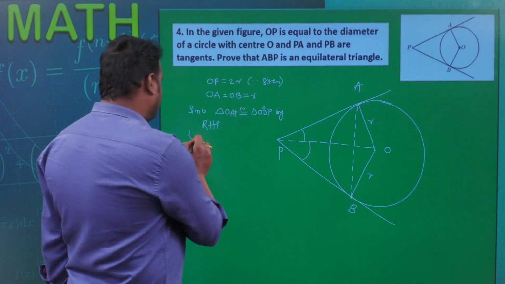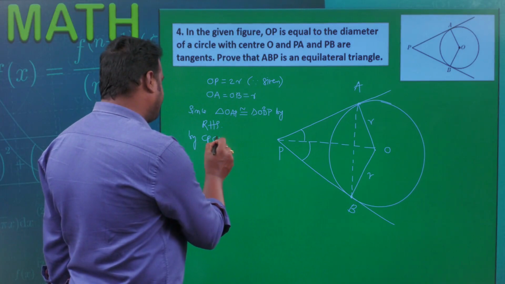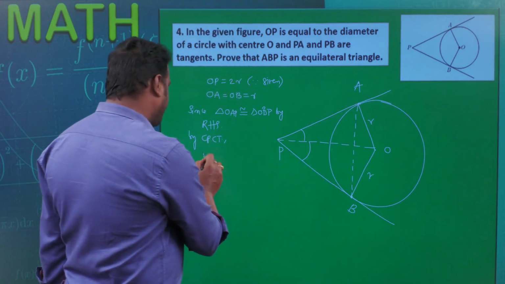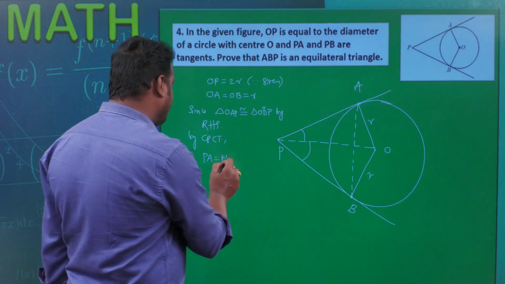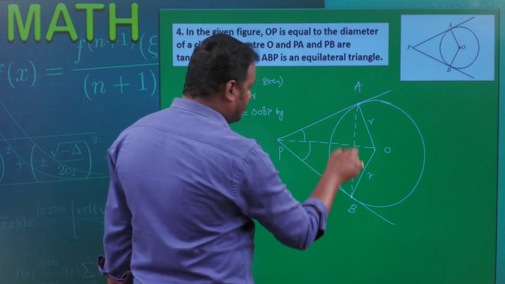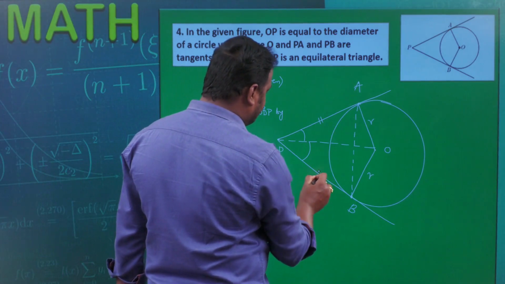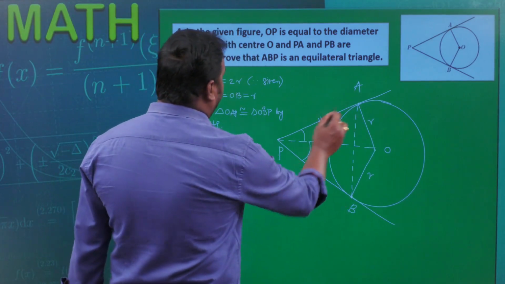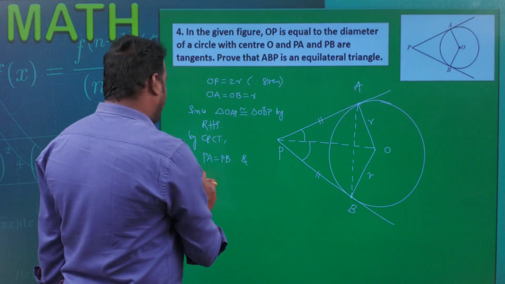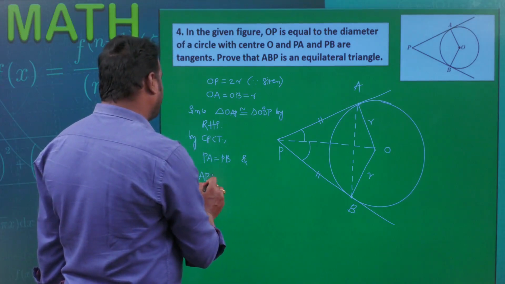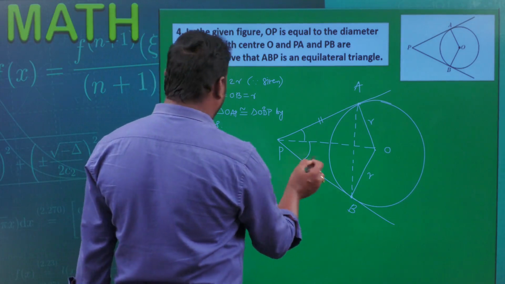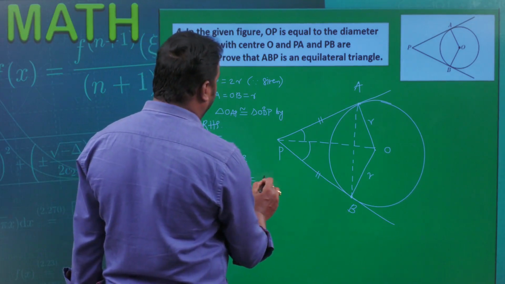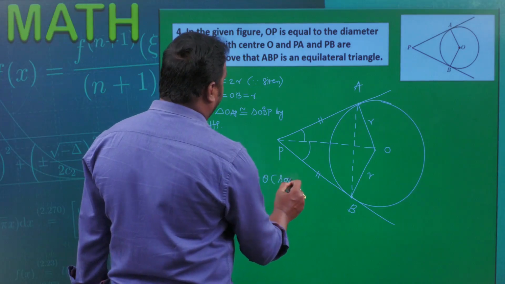Okay? So, by CPCT, we can say that PA is equal to PB, means this side is equal to this side of this triangle I am talking about. And angle APO is equal to angle BPO, some theta.